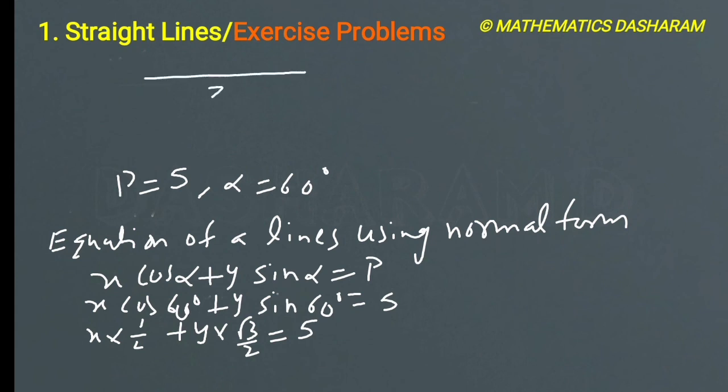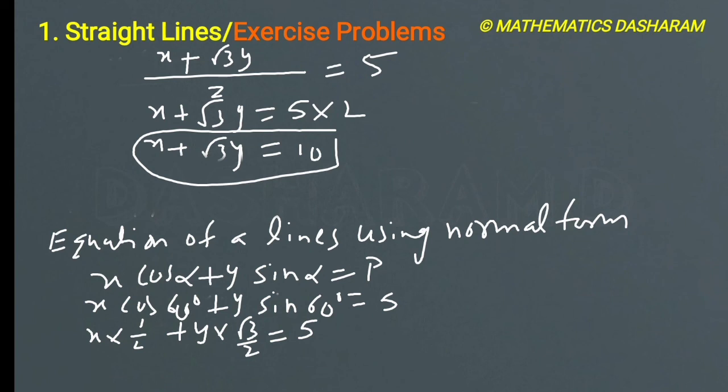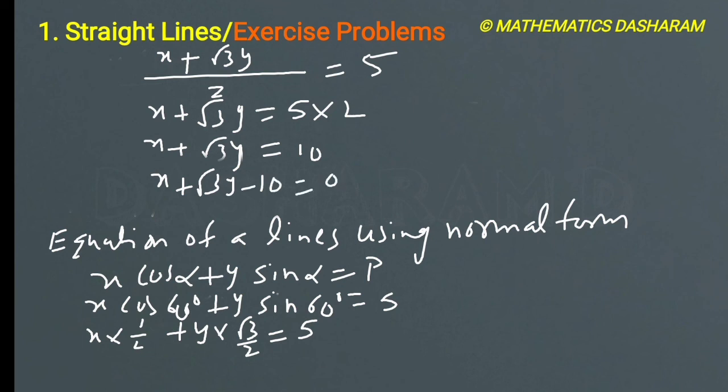So here the LCM is 2, x into 1 is x plus root 3 into y equals 5. Now 2 transposes to the RHS side, so x plus root 3 into y equals 5 2s are 10. So x plus root 3 into y equals 10. So we can transpose the constant number to the LHS side to get the standard form of the equation. So this is the final answer.